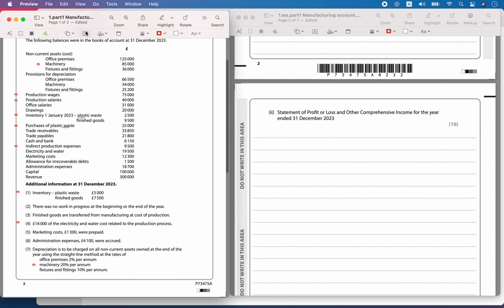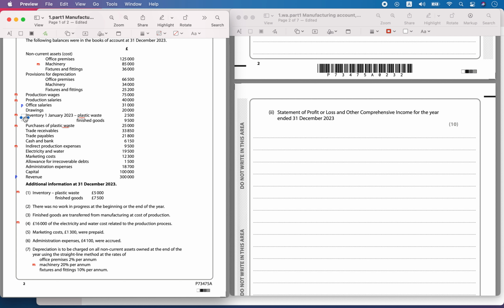So let's mark what is related to the profit loss account. The first one is going to be the revenue. Then you have office salaries. Then you have opening inventory of the finished goods.